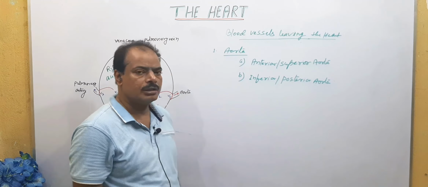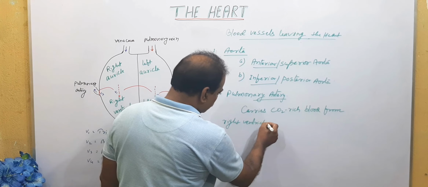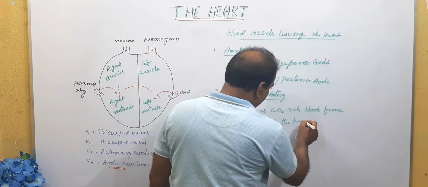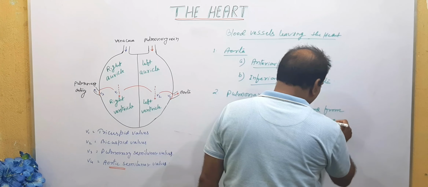So pulmonary artery carries CO2 rich blood. CO2 rich blood means deoxygenated blood from right ventricle to the lungs for oxygenation.